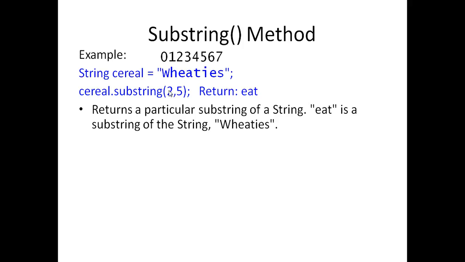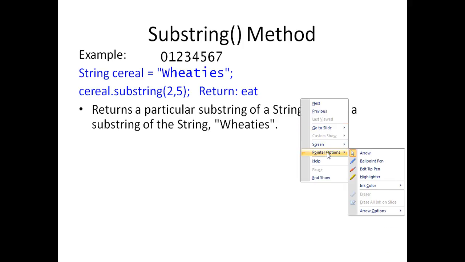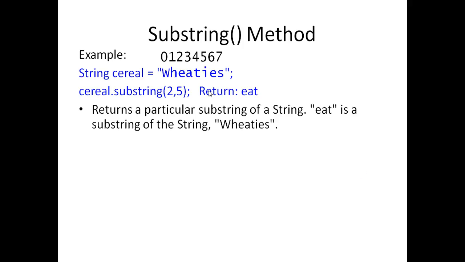What this means is it's going to look into serial, the variable serial, and it's going to pull from the 2 position the E, and then this 5 is actually one more.